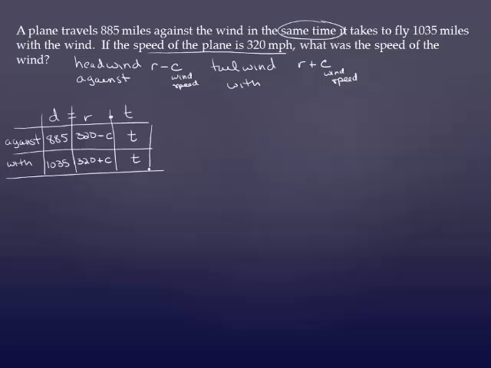So for this setup, I'd have 885 is equal to 320 minus C times T, and 1035 is equal to 320 plus C times T. I'm going to solve each of these for T because T is the thing that is the same in both equations.